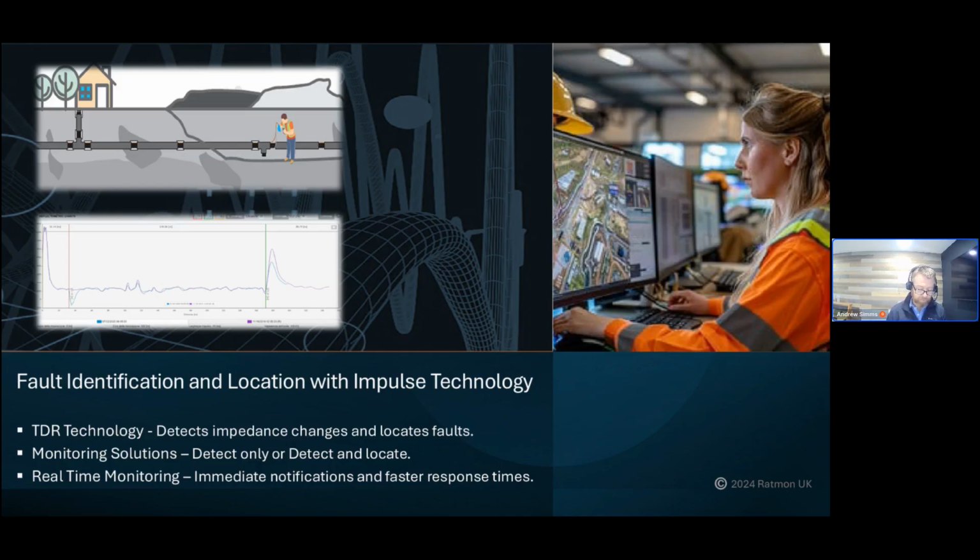The second approach includes fully integrated solutions. These systems not only provide real-time monitoring alerts, but also have TDR technology built in. This means they can both detect and locate faults in real time, significantly reducing response times and minimizing downtimes. With integrated solutions, operators can address issues almost immediately after detection.